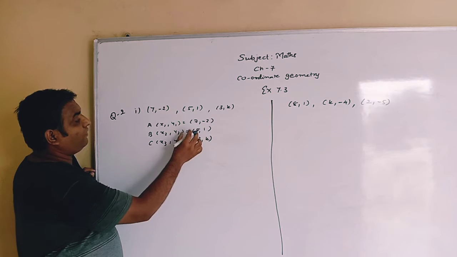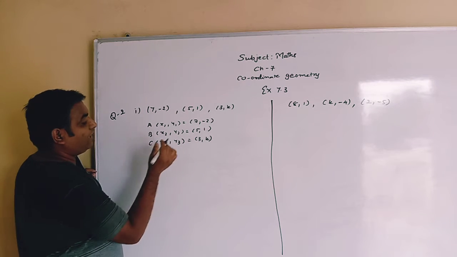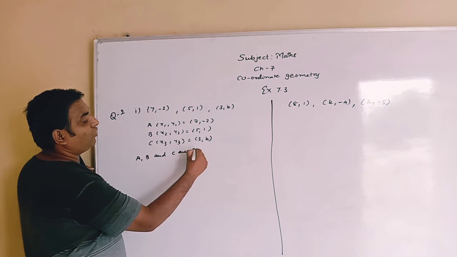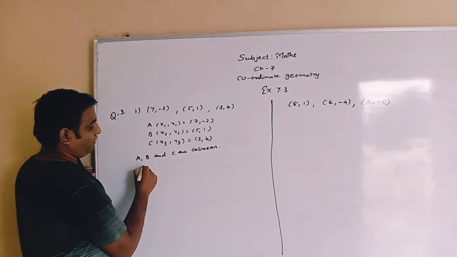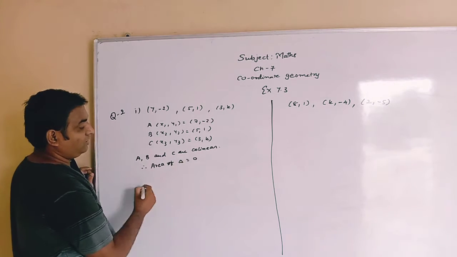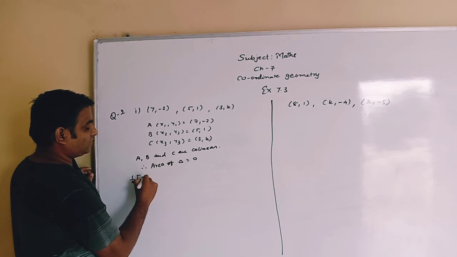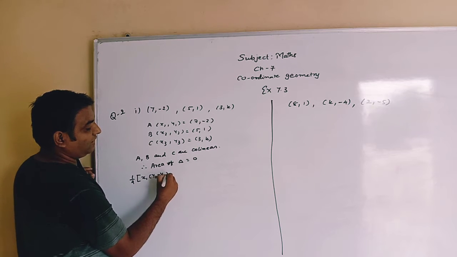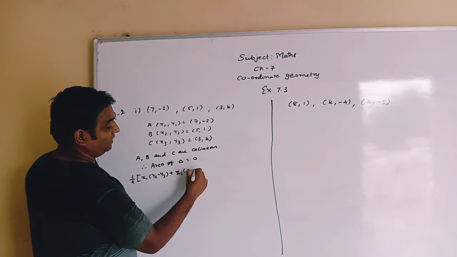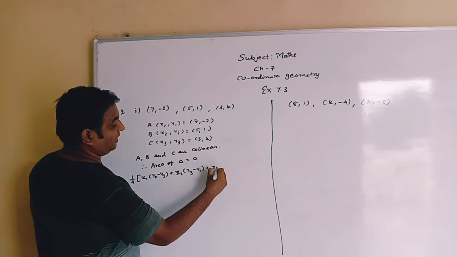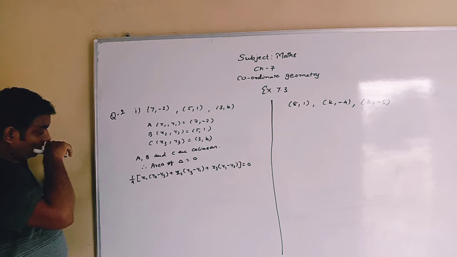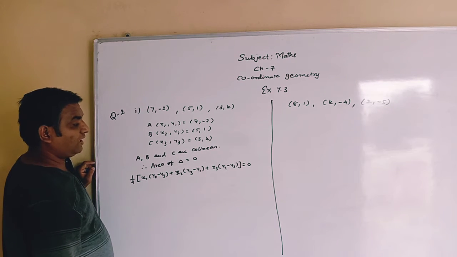Whenever points are collinear, the area equals 0. So we will write that A, B and C are collinear. Therefore, area of triangle equals 0. That means 1 by 2 [x1 (y2 minus y3) plus x2 (y3 minus y1) plus x3 (y1 minus y2)] equals 0. So 1 by 2 will go to the other side and convert into 0.